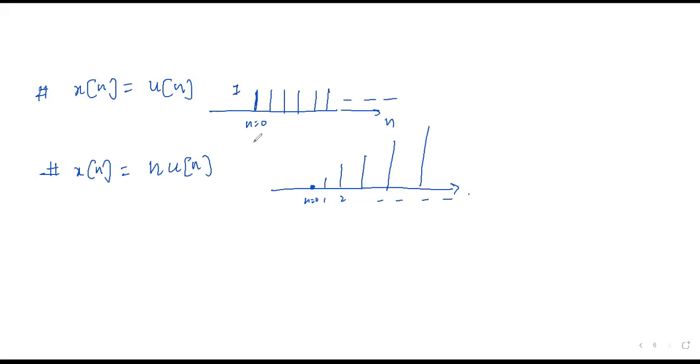So shifting may be positive or negative. If there is u of n minus n naught, it means it is shifted from n equal to n naught, to the right side. Got it?